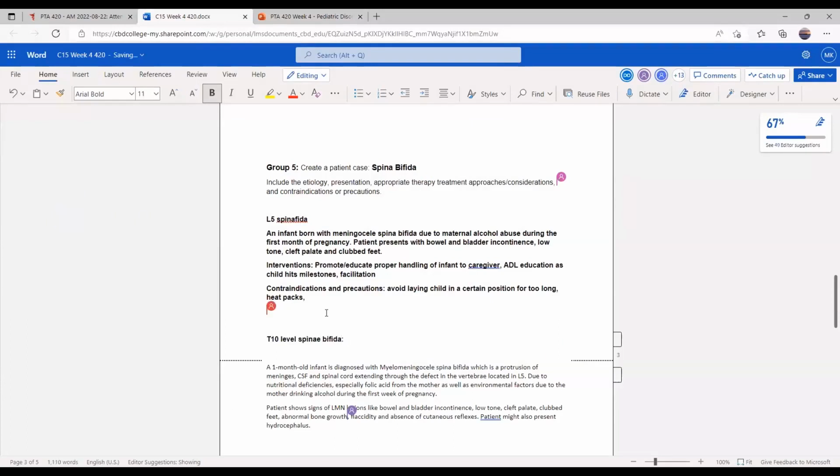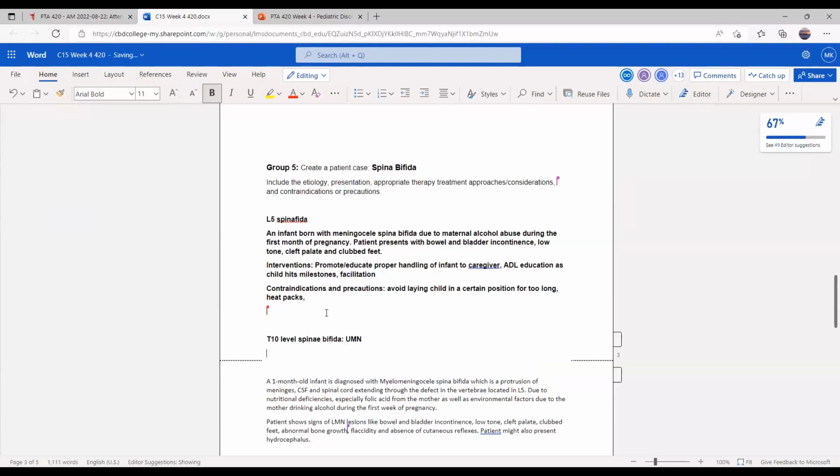Okay. So what we have to think about is the patient's going to have an upper motor neuron lesion. So what that means is, are they going to be hyper or hypotonic presentation? Hyper, very good. Hypertonic. They're going to be hypertonic at the level of T10 and below.